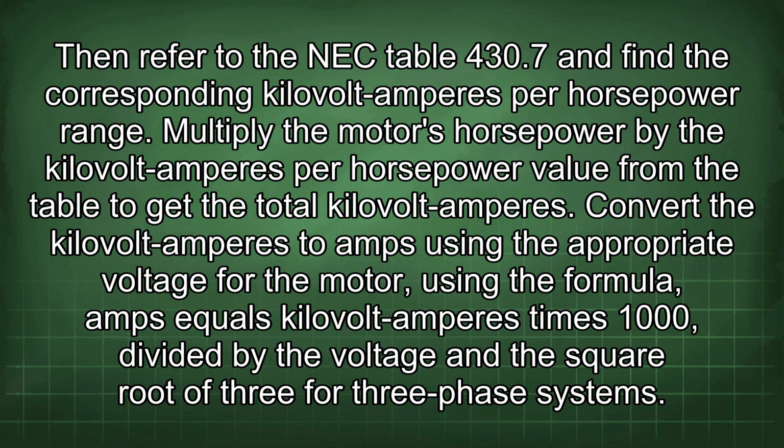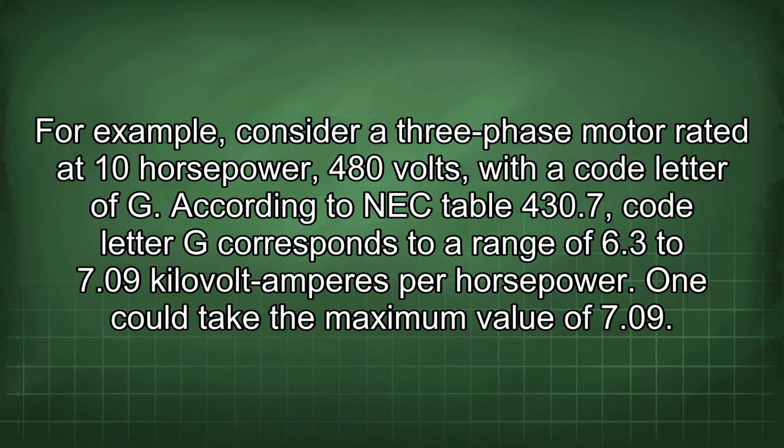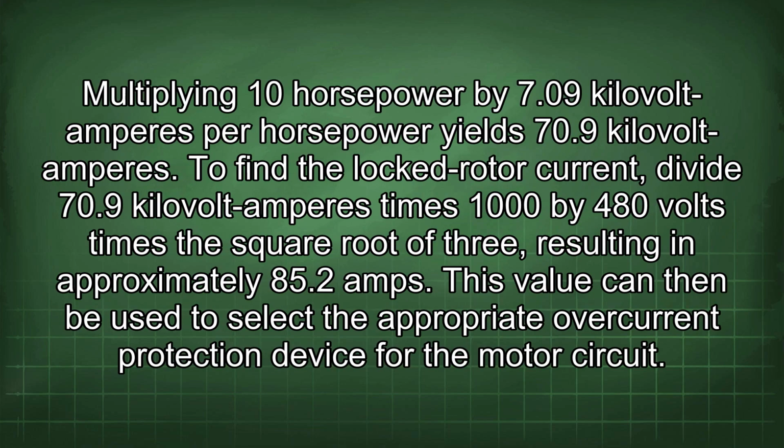For example, consider a three-phase motor rated at 10 horsepower, 480 volts, with a code letter of G. According to NEC table 430.7, code letter G corresponds to a range of 6.3 to 7.9 kilovolt amperes per horsepower. One could take the maximum value of 7.9, multiplying 10 horsepower by 7.9 kilovolt amperes per horsepower yields 70.9 kilovolt amperes.